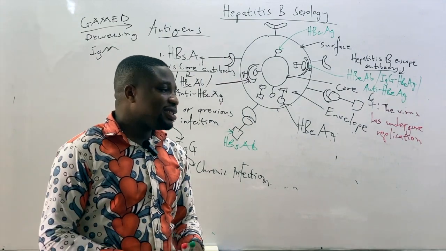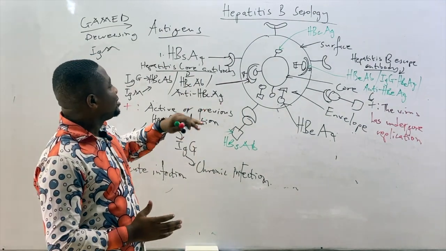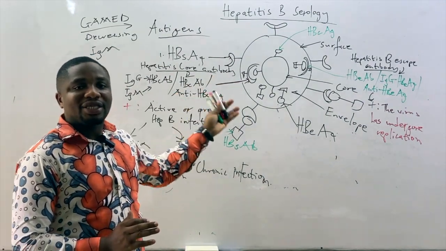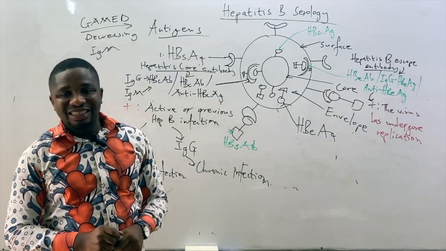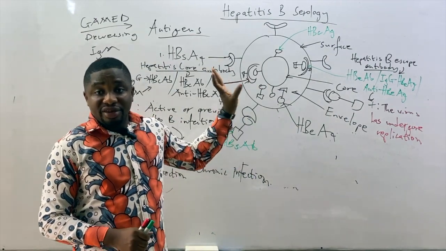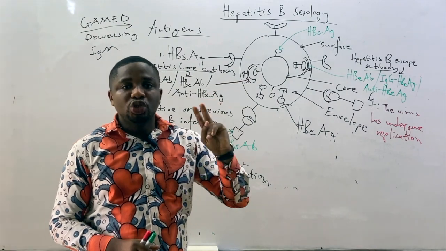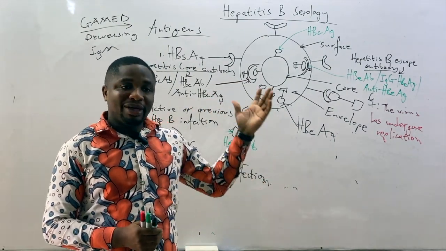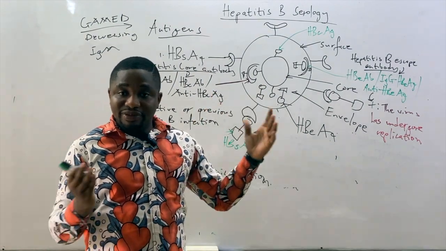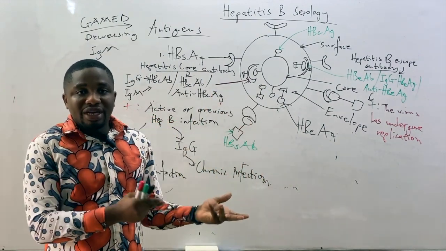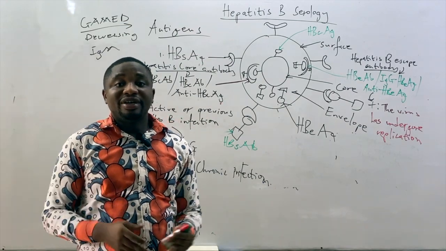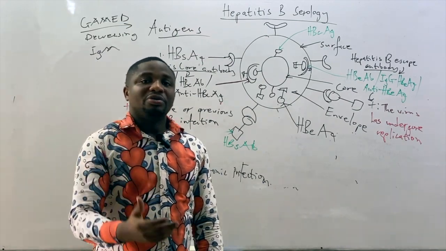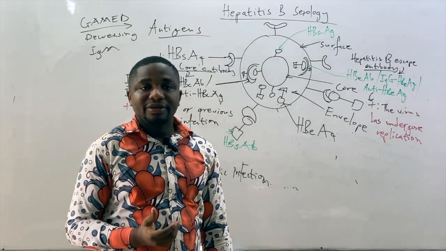Okay. So these are the understandings with regards to the antigen and the antibody. For the antigen, there are 3 of them, and out of the 3, only 2 have clinical significance, which we explained. We said hepatitis B surface antigen, if positive, could mean 2 things: an active hepatitis B viral infection or a recent vaccination that the patient has taken.